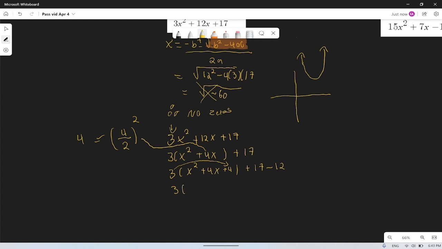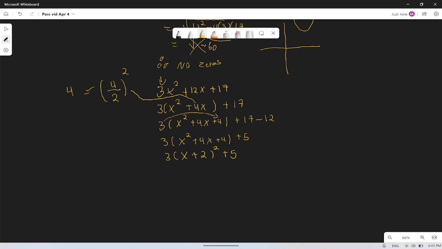So now we have 3 times (x squared plus 4x plus 4) plus 5. And now we just have to factor this middle part here, and this will always be a perfect square. So it'll be x plus this term divided by 2, and then all that will be squared, plus 5.